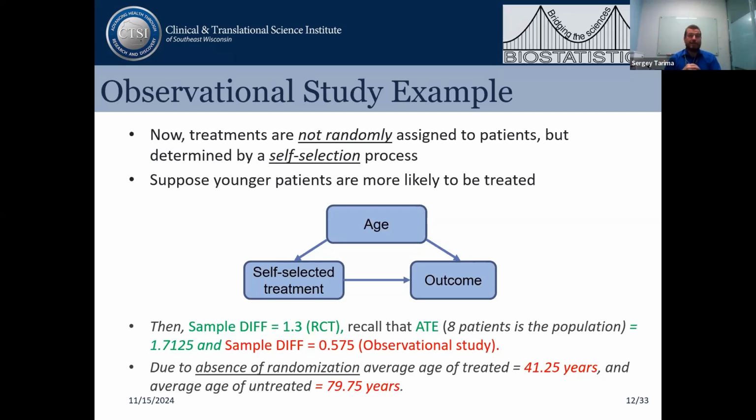That's why the sample difference between sample means would be a biased estimator. This bias can also be observed in differences between the distributions of ages between treated and untreated patients. In this case, the average age in treated patients is 41 years, and in untreated it is close to 80. So the difference is more than 30 years.